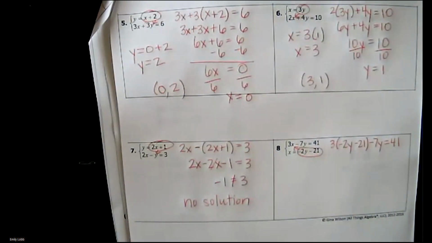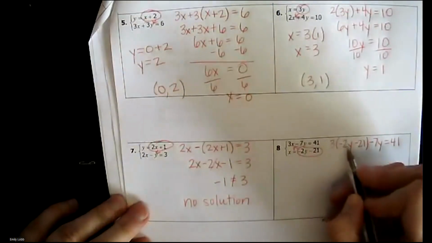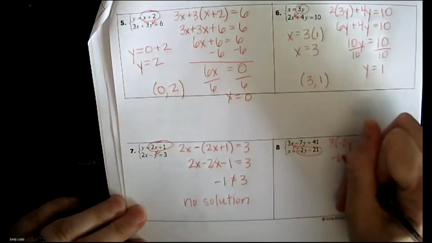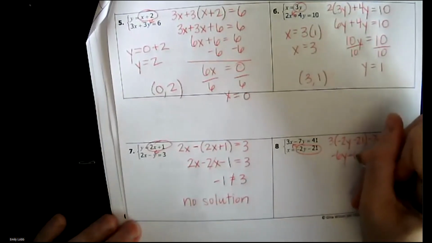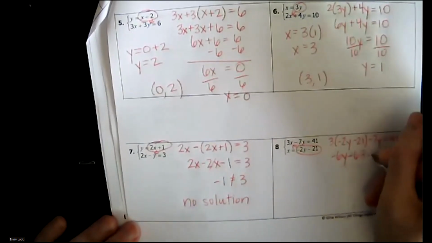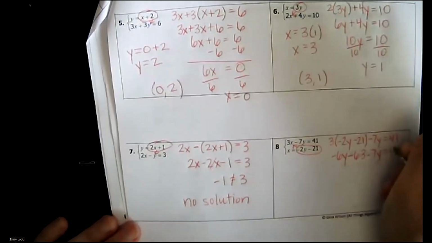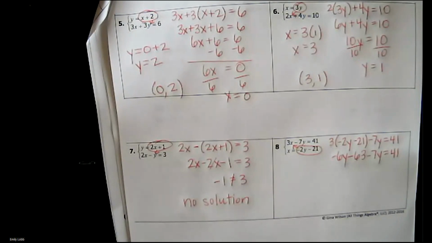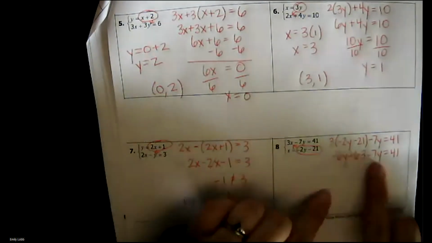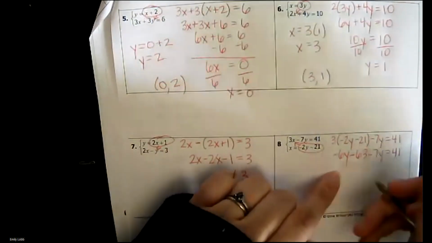All right. Ooh, I've got to multiply here. So 3 times negative 2 is negative 6y. 3 times negative 21 is negative 63. And then I'm bringing down the rest of my equation. I'm only multiplying by what's inside the parentheses. When I combine like terms, I end up with being more negative.